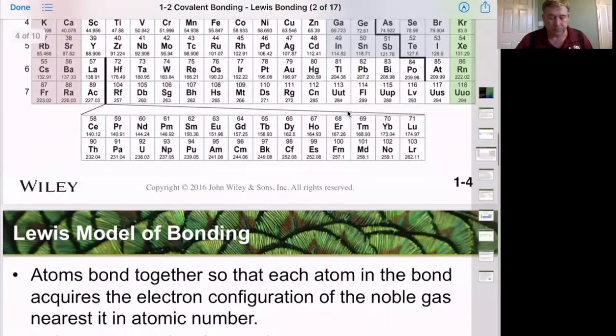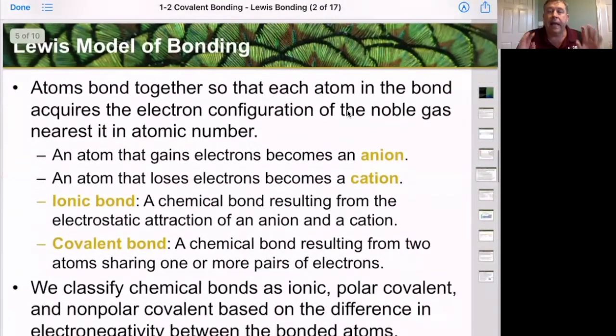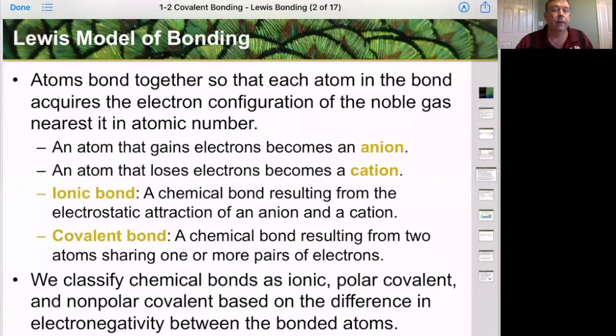In the Lewis model of bonding, atoms are bonded together in such a way that they want to have the electronic configuration of a filled outer shell. There are a couple of different ways to have that filled outer shell, like a noble gas, with 8 electrons in that s and p energy level.